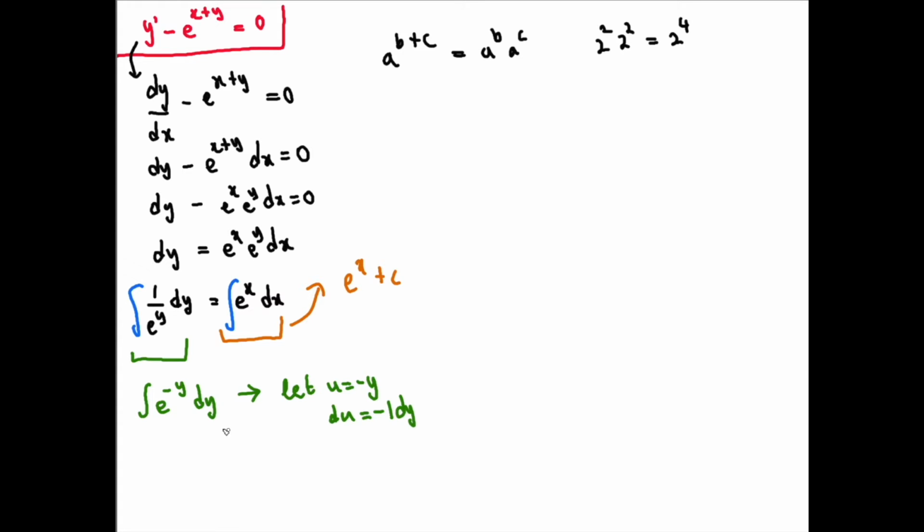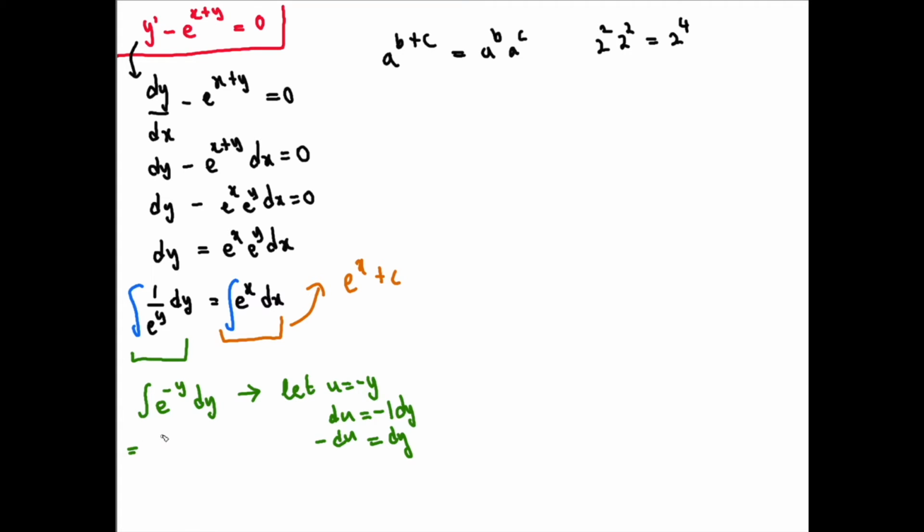So minus du equals dy. Great, so we have a dy over here, and we have minus y, so we can go ahead and substitute this.